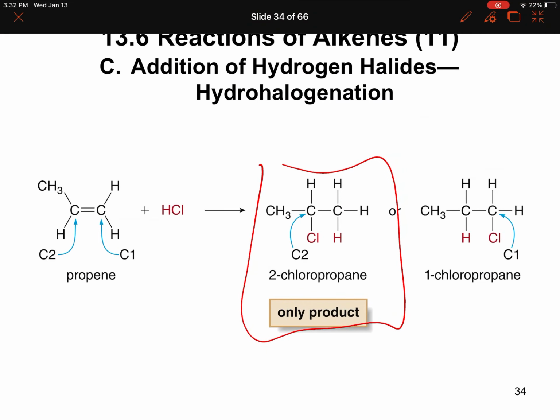So let's do another example like that together, all right? What if we had a molecule that looked like this? And to that, I decided to add HBr.